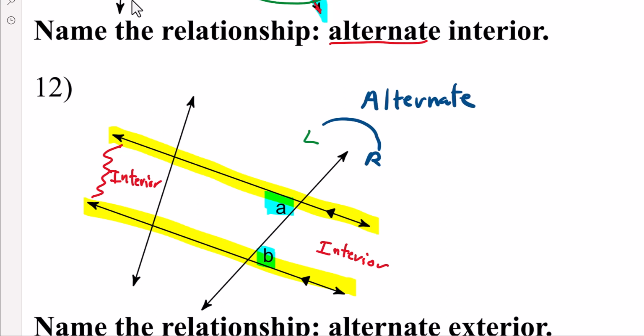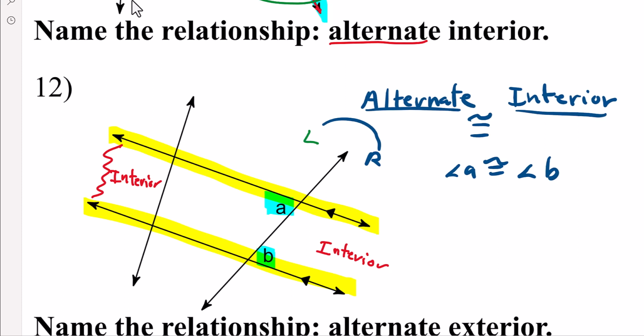So what we know about alternate interior angles, they are also congruent. So angle A is congruent to angle B because they are alternate interior angles to each other. What I really should point out, notice when you have these two parallel lines cut off by a transversal, they make two types of angles.